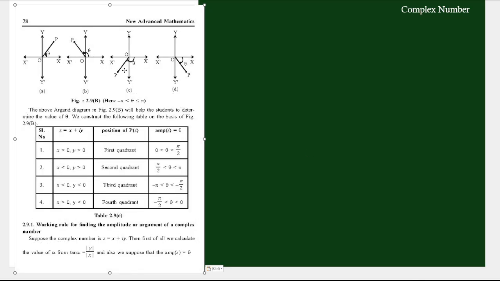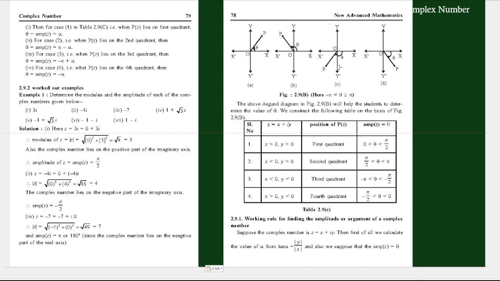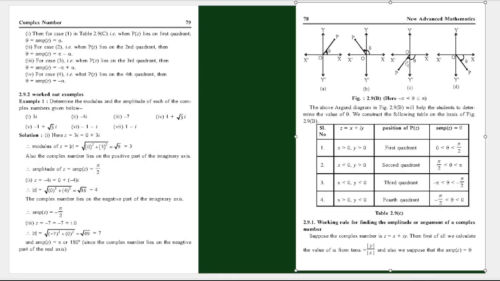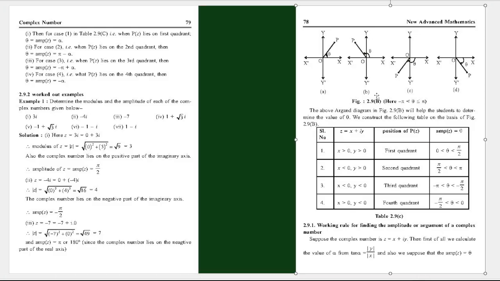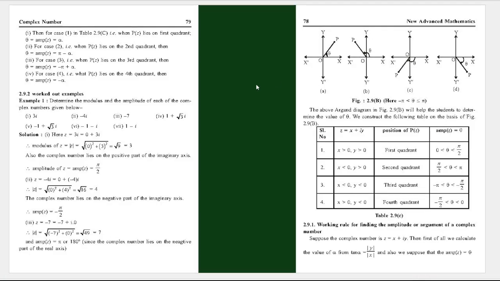Let's compare, right? We have got a table. Now, case 1, Table 2.9c: then pz lies in the first quadrant. So in that case, theta or amplitude of z will be your alpha.